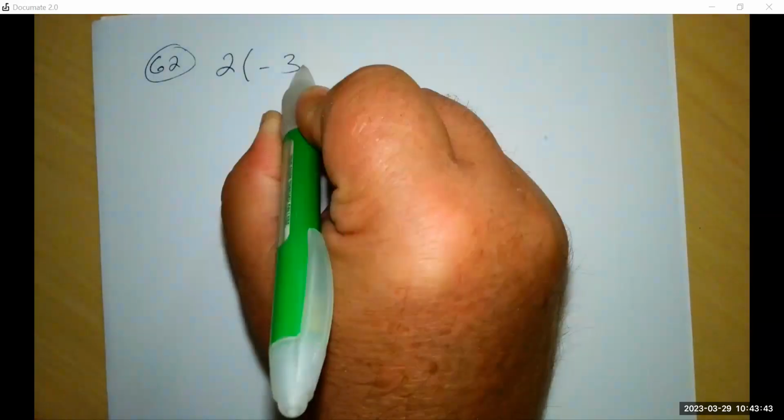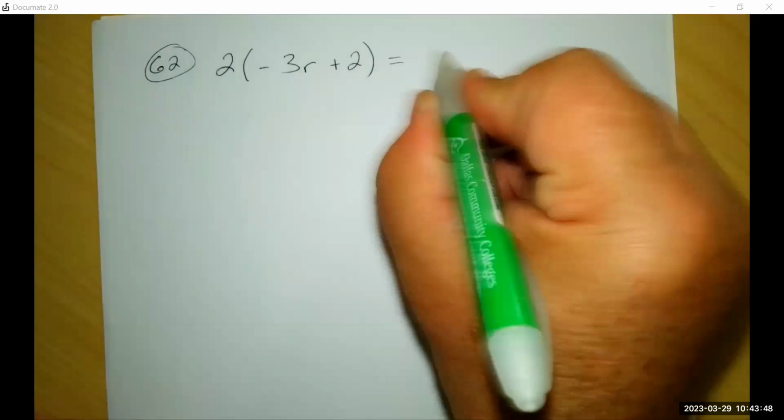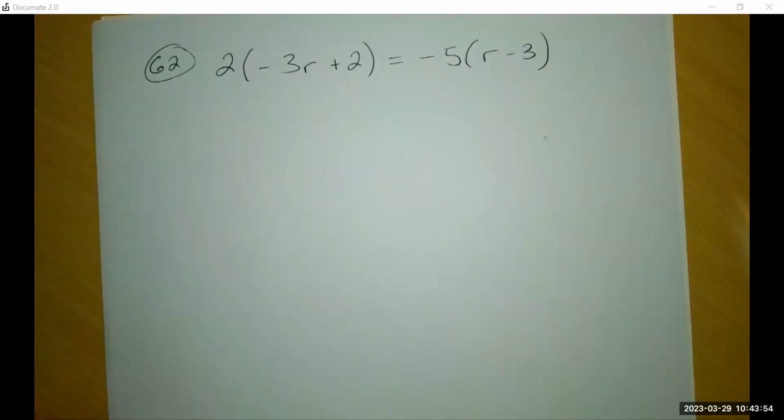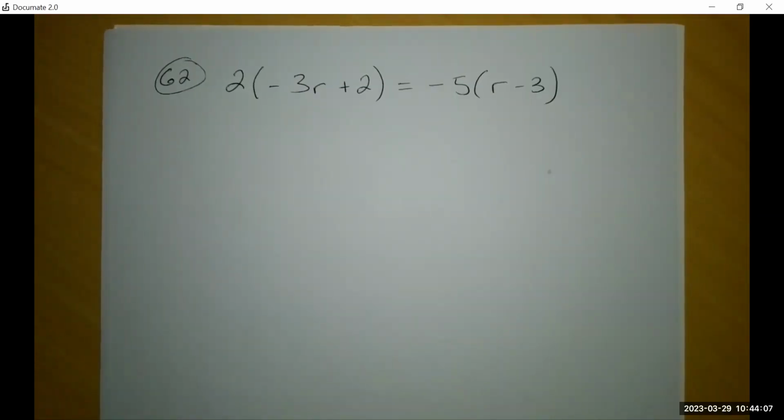Two times negative 3r plus 2 equals negative 5r minus 3. Well, we're running out of time. What do you think you have to do first?